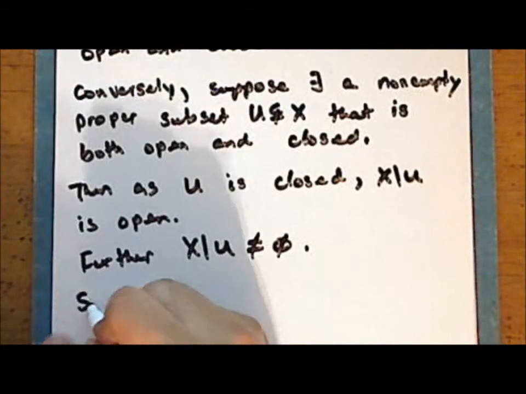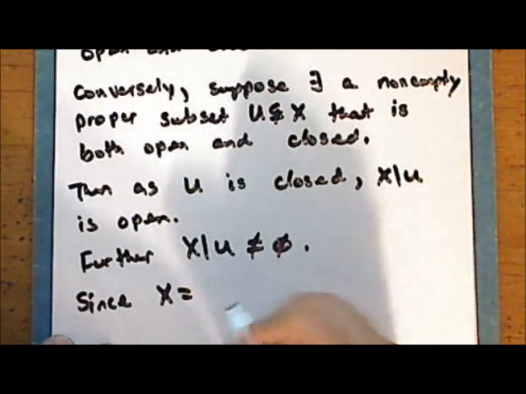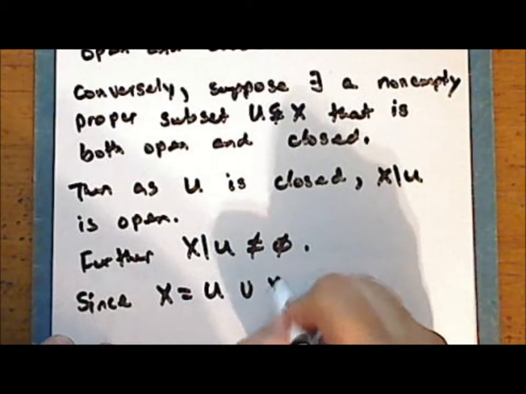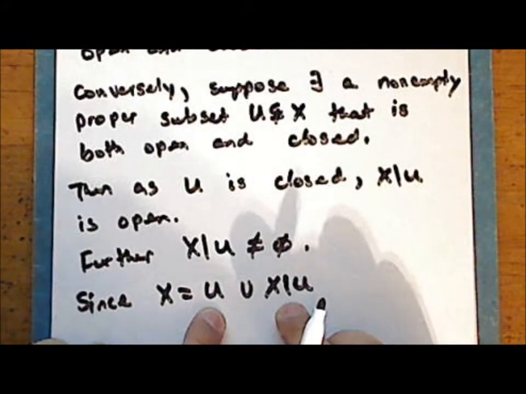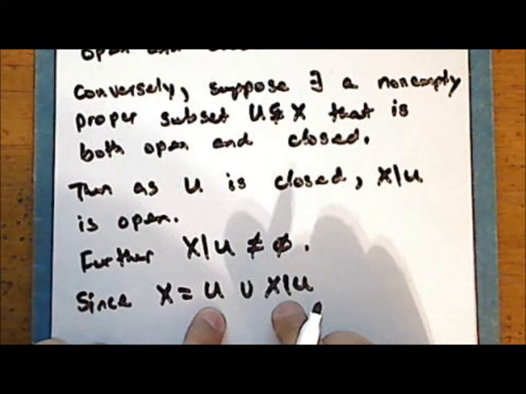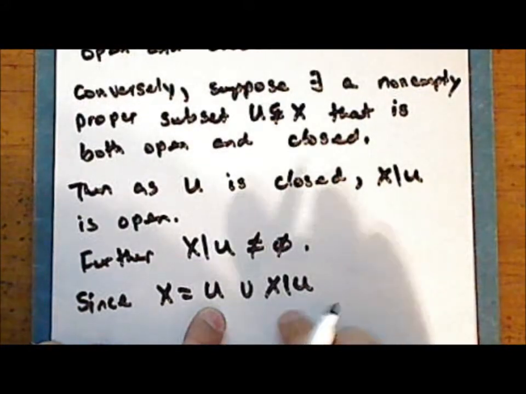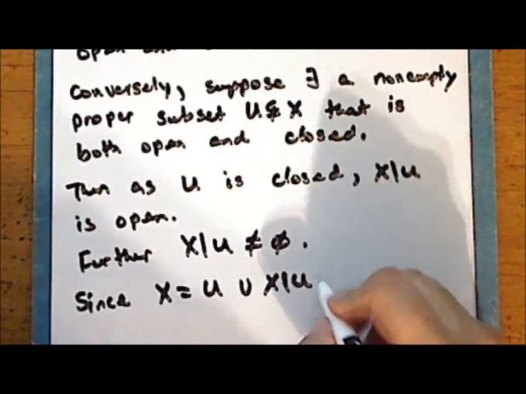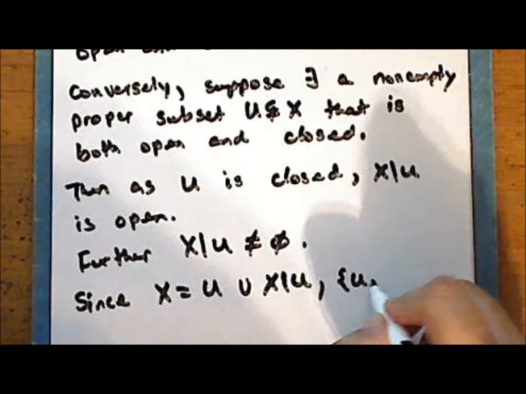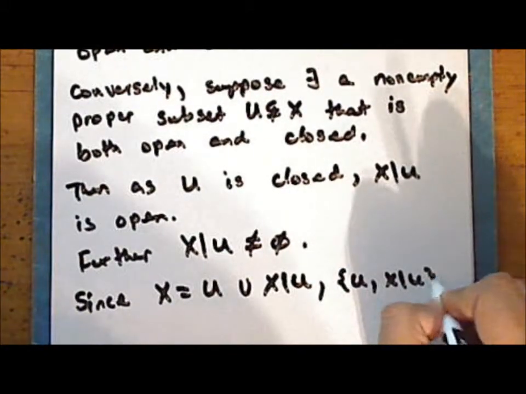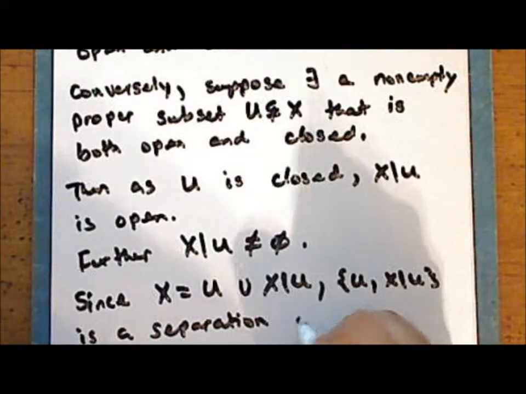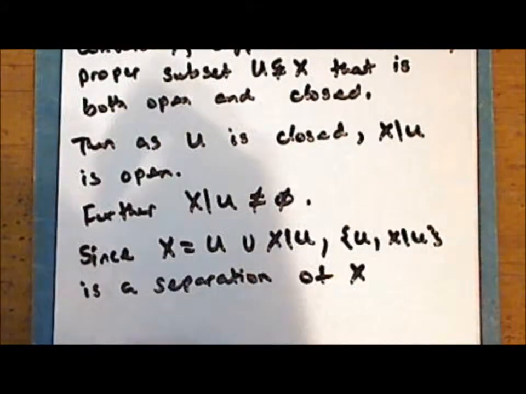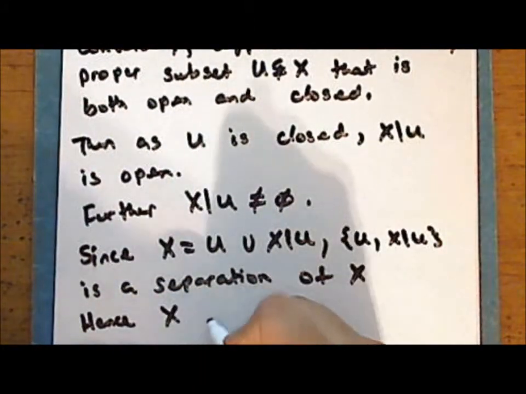And since X is the union of the set U with the complement of the set U, where U and the complement of U are both non-empty, proper, open subsets of the set X that are disjoint, the set which contains the set U and the complement of U is a separation of the space X, and hence the space X is disconnected.